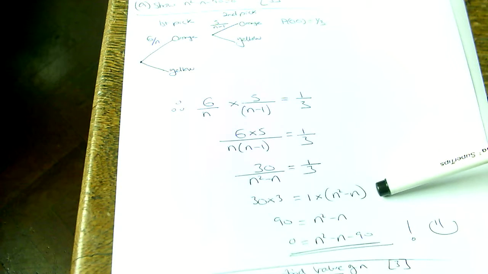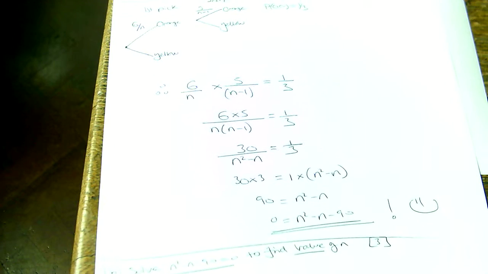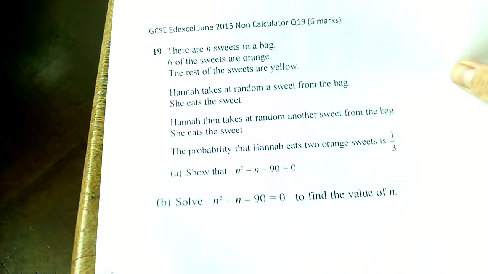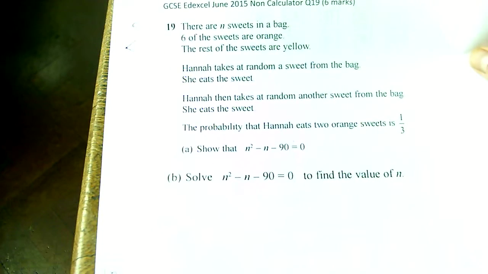So I expanded out my brackets, and then all I've simply done is made it look like what they wanted me to, so I've just taken everything over to one side, and as you can see, I've proved the first part, which was show that n squared minus n minus 90 equals 0.